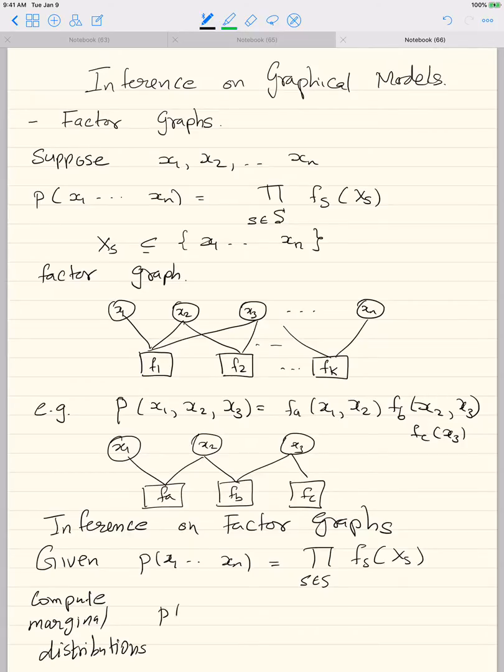So we want to compute P of x, which is the summation over all variables except x of P of capital X. Capital X is the collection of all random variables in our notation. Little x is one particular one. And we want to do this for any x in the set x1 to xn.